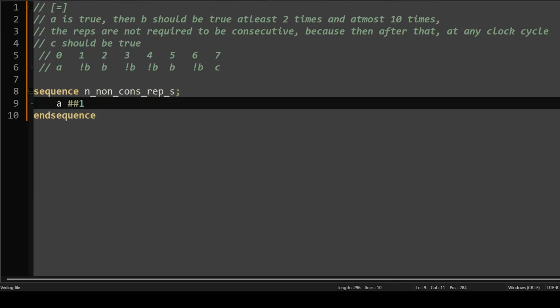Then we do the same thing that we did in our previous video with the go-to repetition example. I will write two brackets, and inside this, the first thing says that B can't be true for at least 0 times and at most an infinite number of times. Then right after that, B is true, and we want this pattern to be repeated for at least 2 times and at most 10 times.